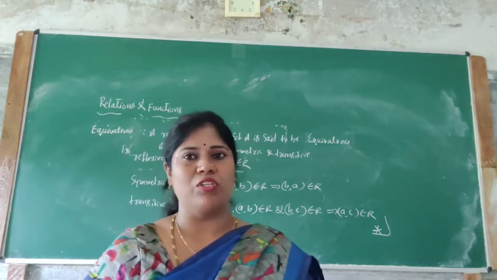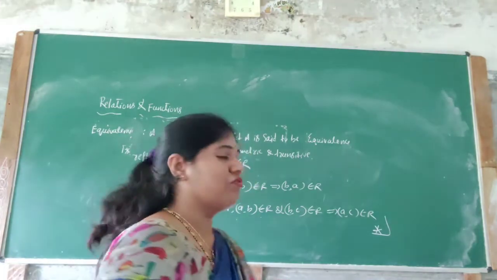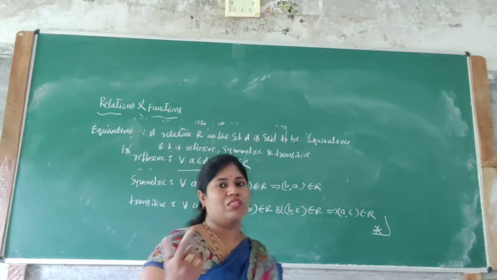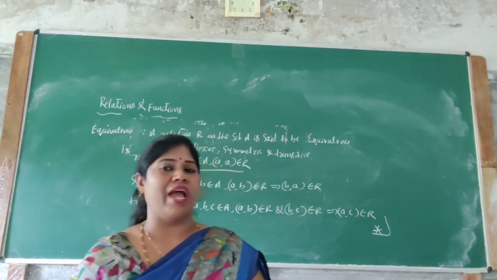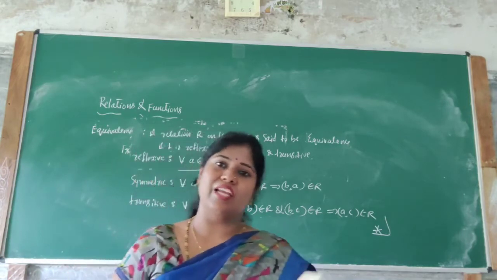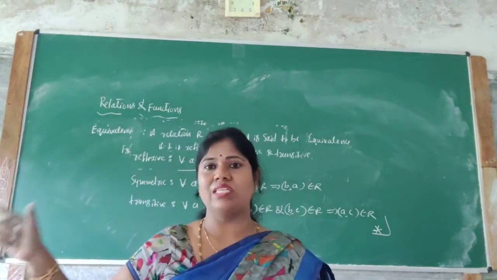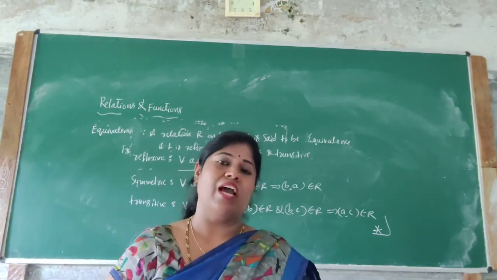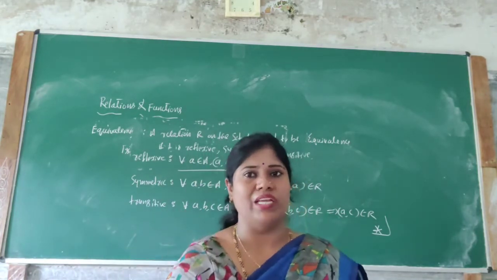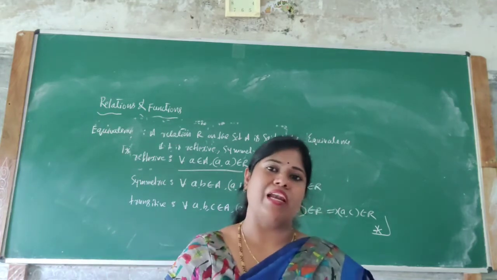We can give examples. So many examples we can give. Which is the first example? We can give parallel to. Parallel to is an equivalence relation because a is parallel to a. A line is related to itself. Therefore, it is reflexive. Symmetric: the relation is symmetric because if a is parallel to b, then b is also parallel to a.